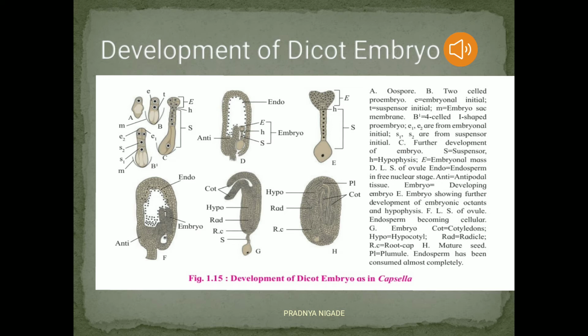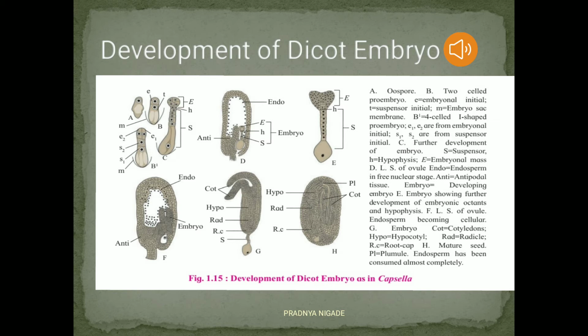The planes of divisions are at right angle to each other. So these 8 cells are arranged in 2 tiers. The lower tier of 4 cells of the octant gives rise to hypocotyl and radicle, while the upper 4 cells of the tier form the plumule and cotyledon.